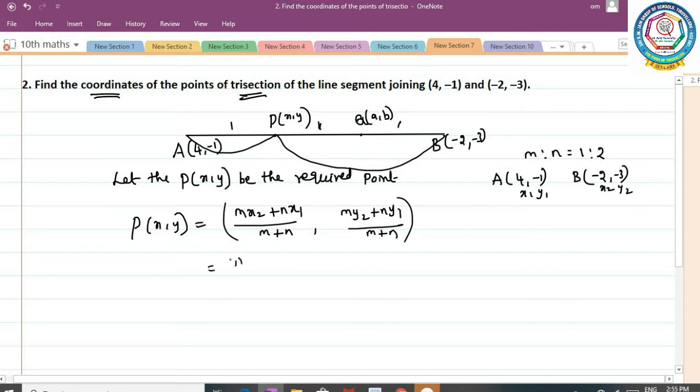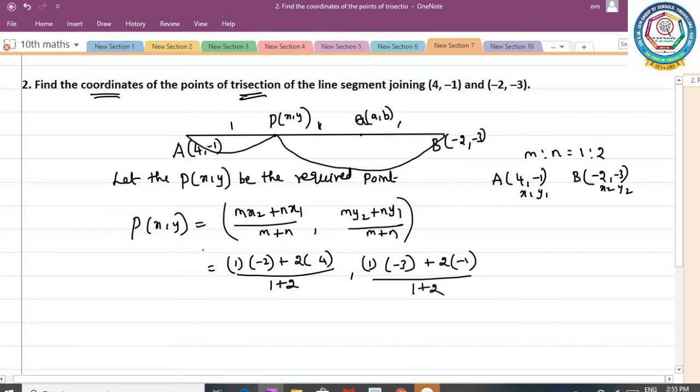M is 1, x2 is -2, plus n is 2, x1 is 4, by m plus n, 1 plus 2, comma m is 1, y2 is -3, plus n is 2, y1 is -1, by 1 plus 2.